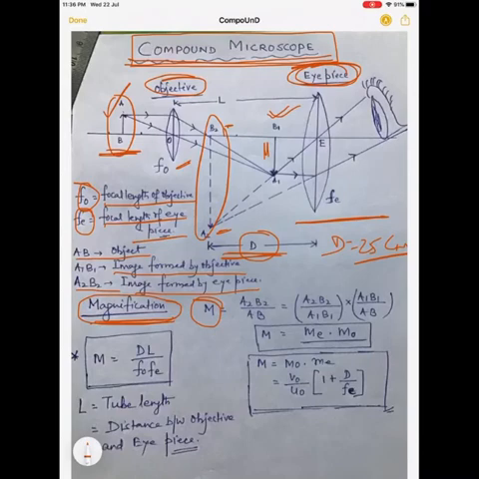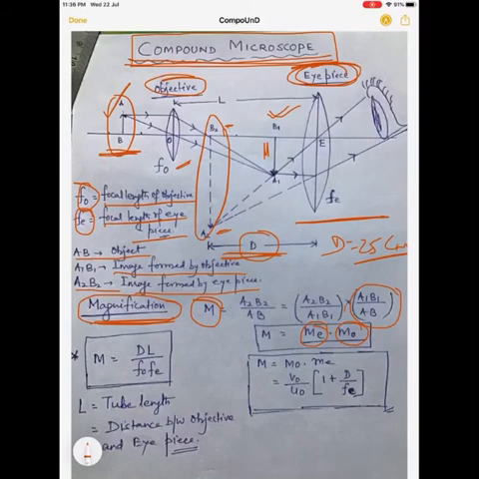Now see, the first term A2B2 upon A1B1 means if we consider the eyepiece, then height of the image upon height of the object is the magnification produced by the eyepiece. Similarly, A1B1 is the image for the objective lens, so A1B1 upon AB is the magnification produced by the objective lens. So this is ME into MO multiplied.